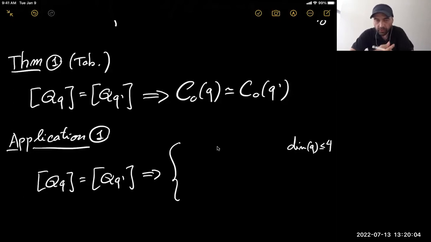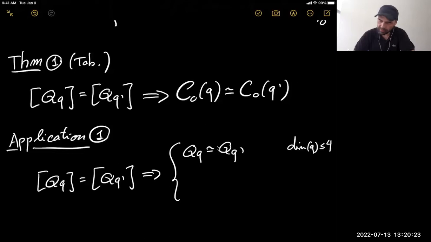So the dimension is also an invariant of the Grothendieck ring. So this condition on the dimension of Q is equivalent to the same condition on Q prime. So this implies that they are actually isomorphic to each other.